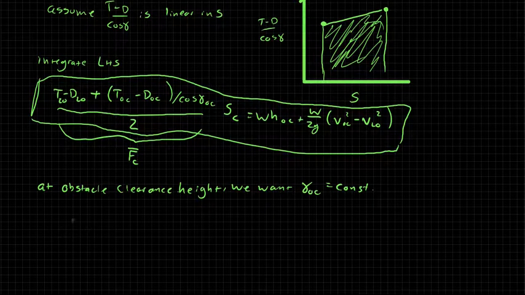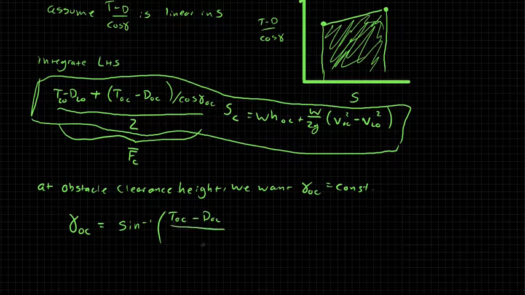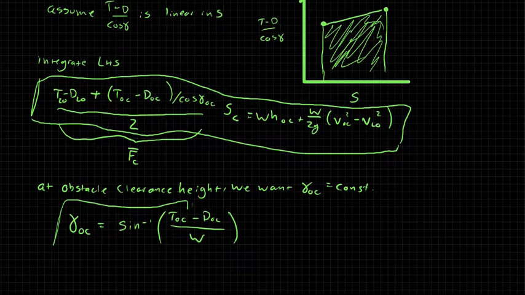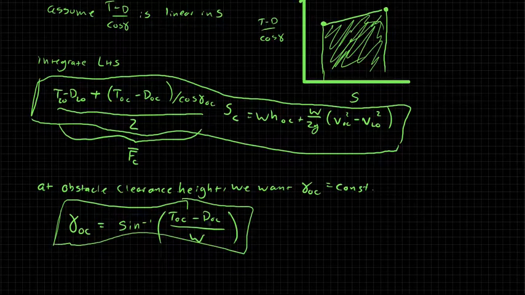So that's going to look like this. Gamma OC equals sine inverse, the inverse sine, of T OC minus D OC divided by W. Okay, so with this equation, wow, sorry about my really terrible lines.